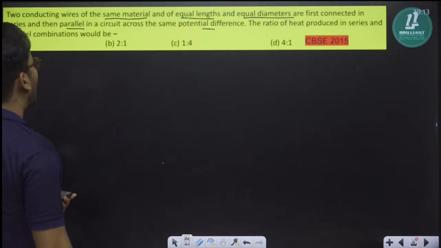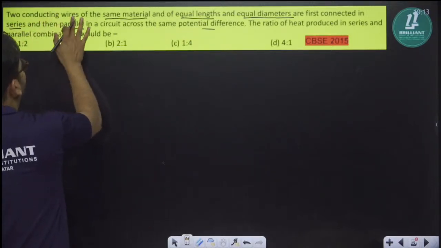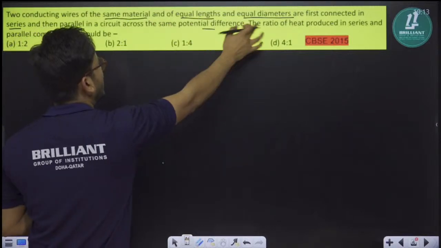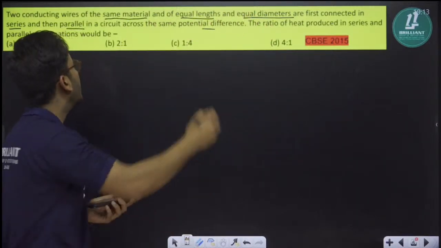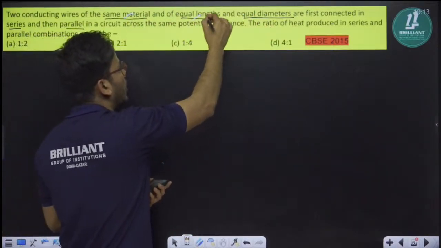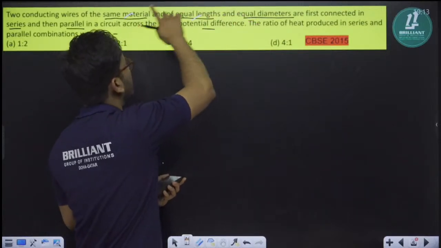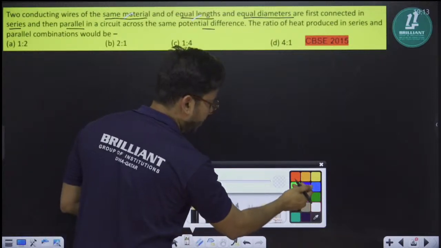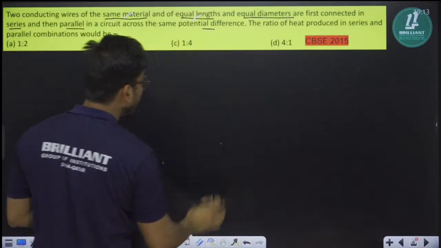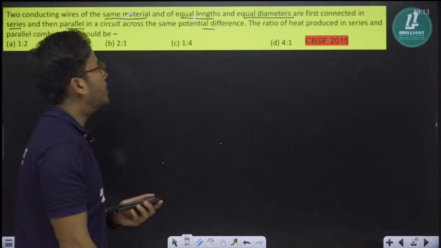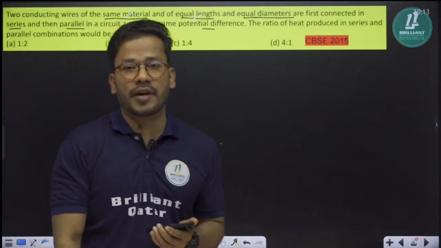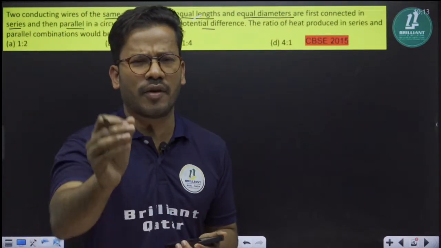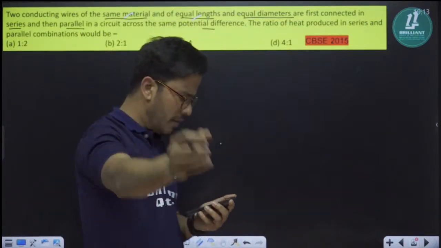To solve this, let me look at the first part of the question. Two conducting wires of the same material, equal length, equal diameter. Three parts are given: same material, equal length and equal diameter. Since length, diameter and material are the same, the resistance will of course remain the same.